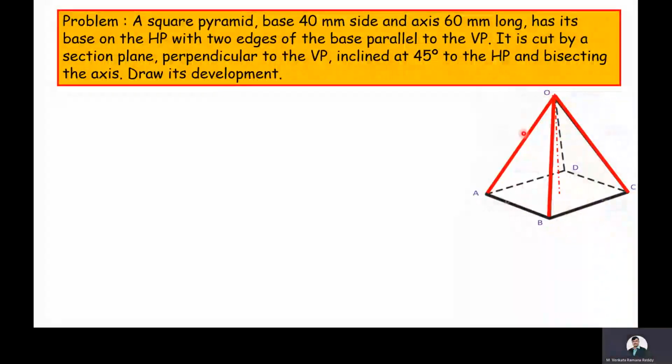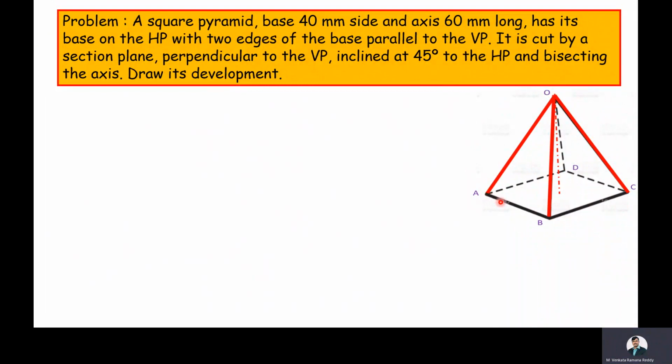The name of the object is square pyramid. Square pyramid means its base is a square and all corners of the base of a square to be joined to a single point called apex with slant lines, and its lateral surface is having four triangular faces.